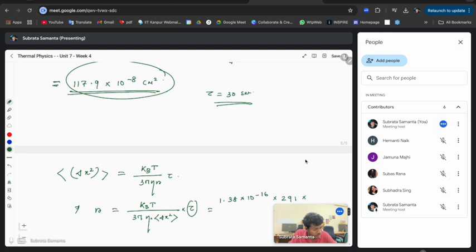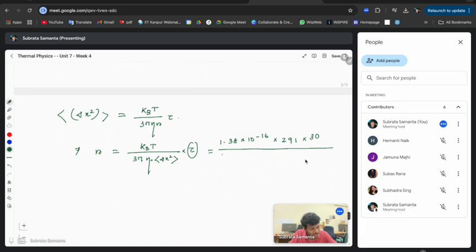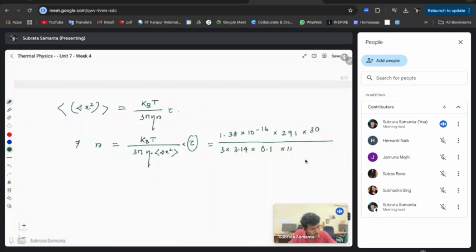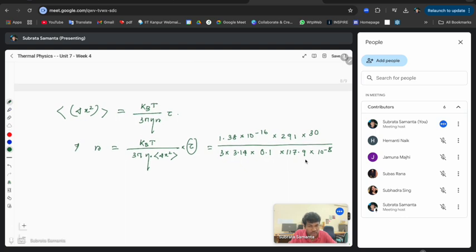Tau is 30 seconds, so 30 divided by 3 times pi 3.14 times eta, where eta is 0.1 poise in CGS unit, and delta x square we just calculated, 117.9 times 10 to the power minus 8. Since I am using all CGS units, the unit of r is centimeter.